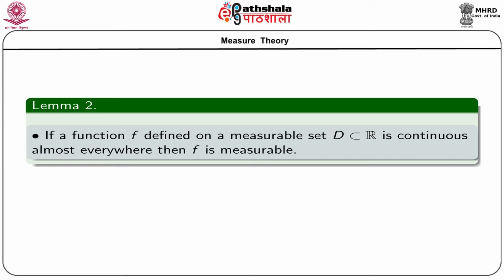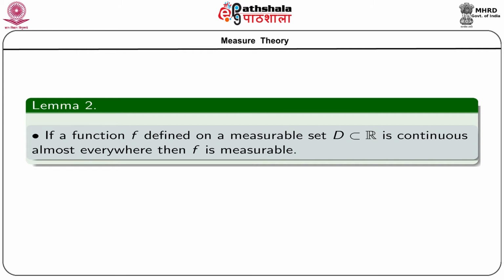So, if f from D to R is a continuous function, then the collection of all x belonging to D, where f(x) is less than alpha, is nothing but the set f inverse of the open interval (minus infinity, alpha). Since this open interval is an open set, its inverse image is also an open set, and we have already seen that open sets are also measurable.